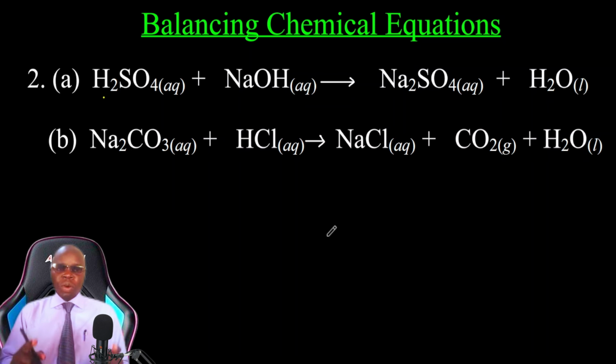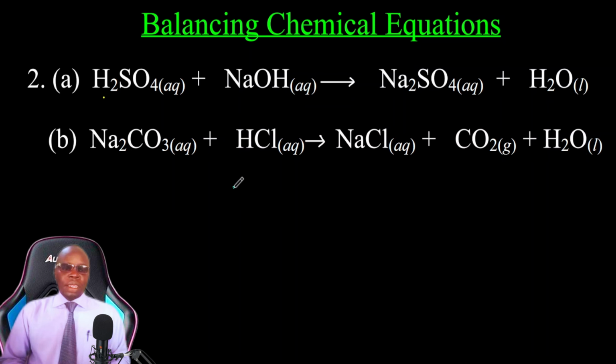So after finding all those, we must make sure that all the number of atoms from the reactant side must be equal to the sum of the number of atoms from the product side. So with all this said, let's go ahead and identify these elements on both sides of this equation.